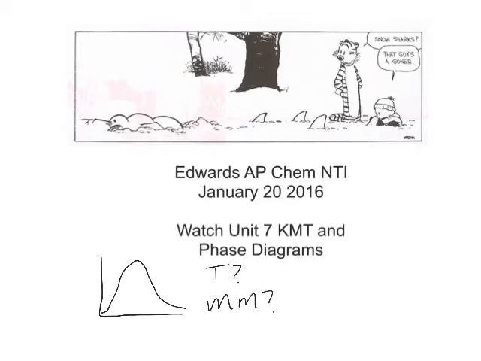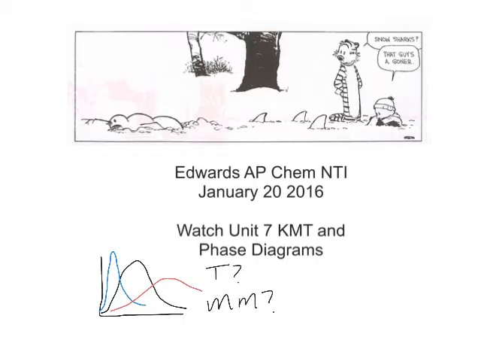Be sure that you look at that. There's two things that always happen to the graph: the peak of the graph moves up and the distribution gets narrower, the peak of the graph moves down and the distribution gets broader, or the peak of the graph moves up and the distribution gets broader. So know which is which.